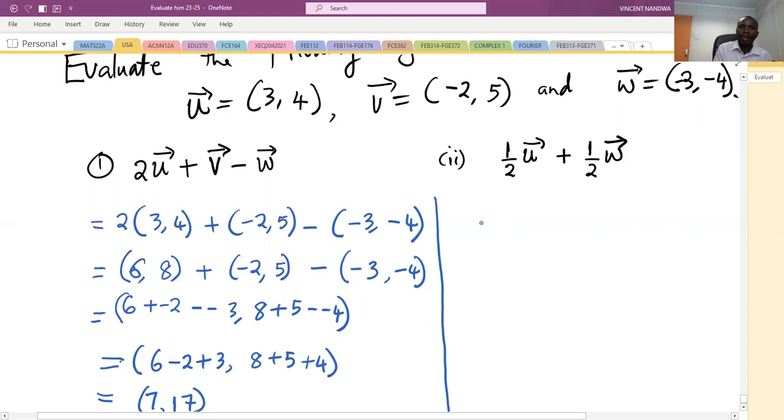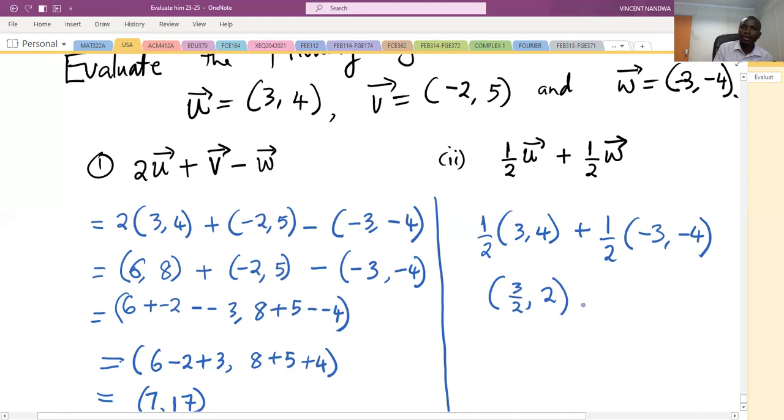And for this other one, it will be a half. u is (3, 4), plus a half of w, which is (-3, -4). So a half multiplies every element in this vector. I'll have 3 over 2, half of 4 is 2, plus a half of this, -3 over 2, and a half of this is -2.